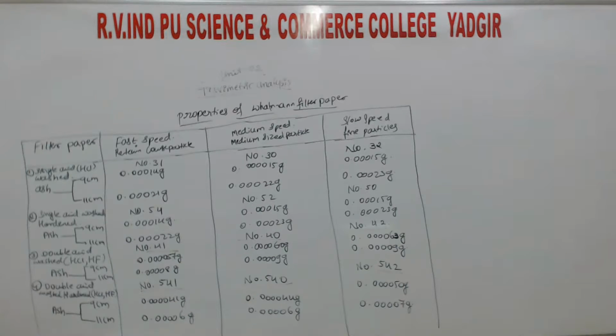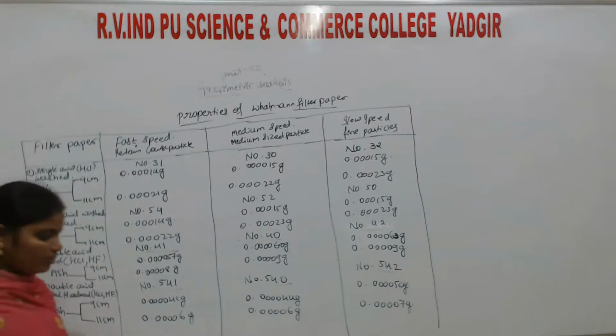Here the diameter of the Whatman filter paper is written in microns.